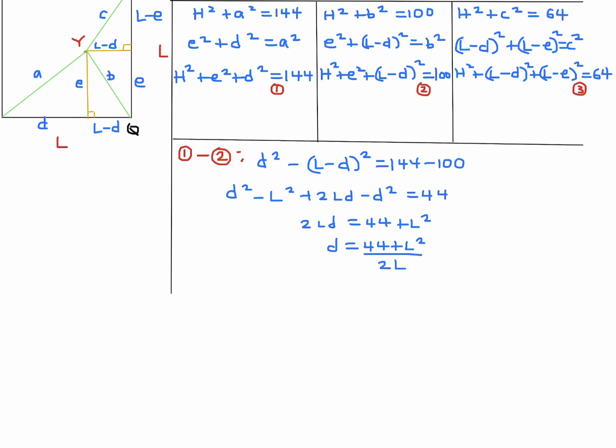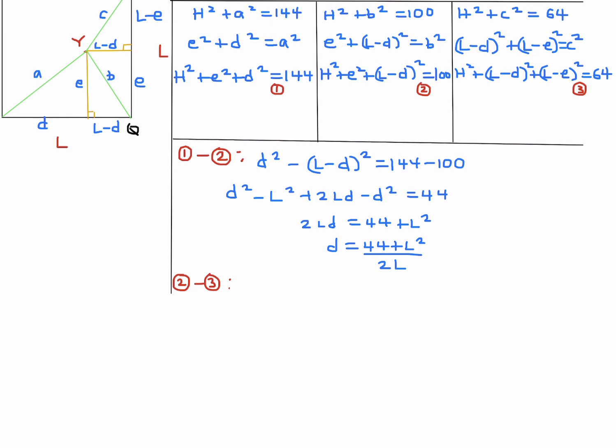All right, pretty good so far. Now, my next piece of algebraic combination or manipulation will be the following equations. Equation 2 minus equation 3. So that one will give me, let's see, the H squares will cancel and the L minus D squared will cancel.